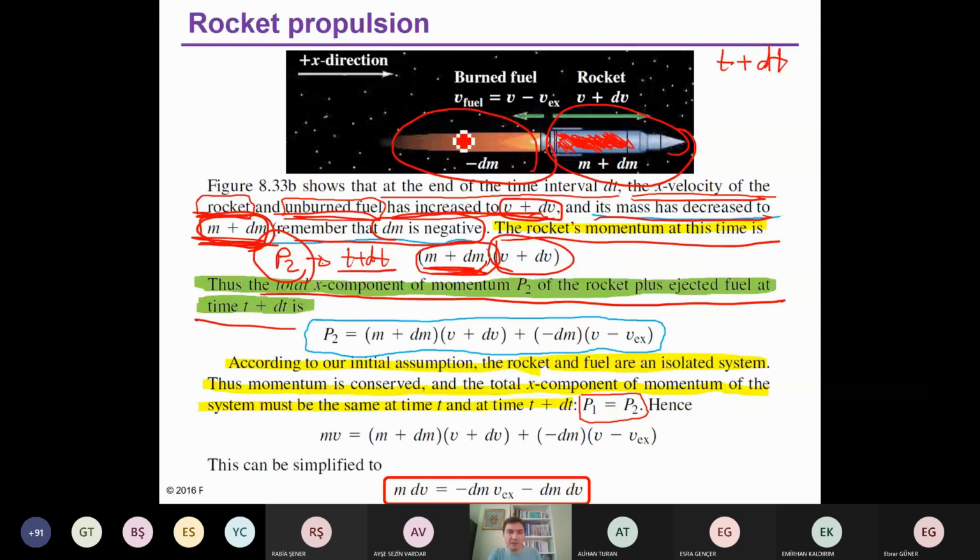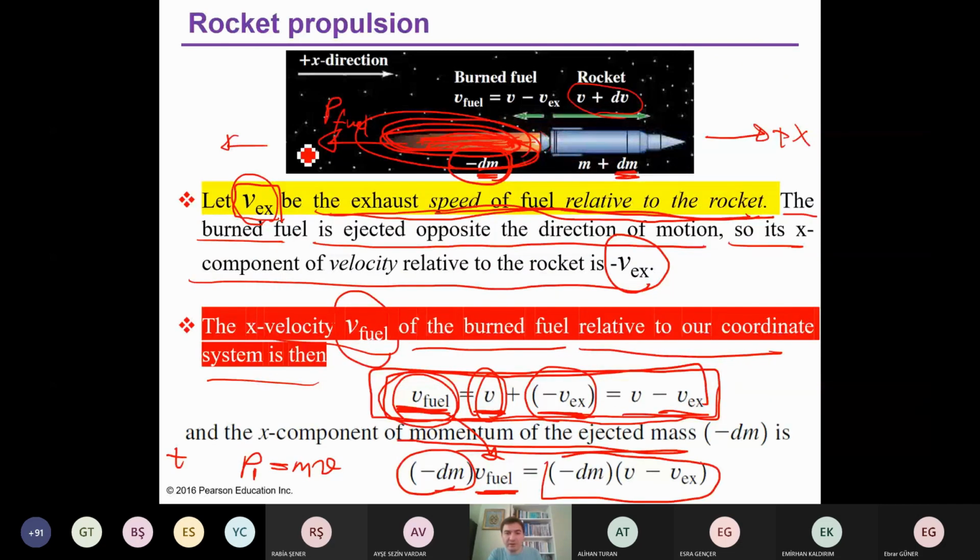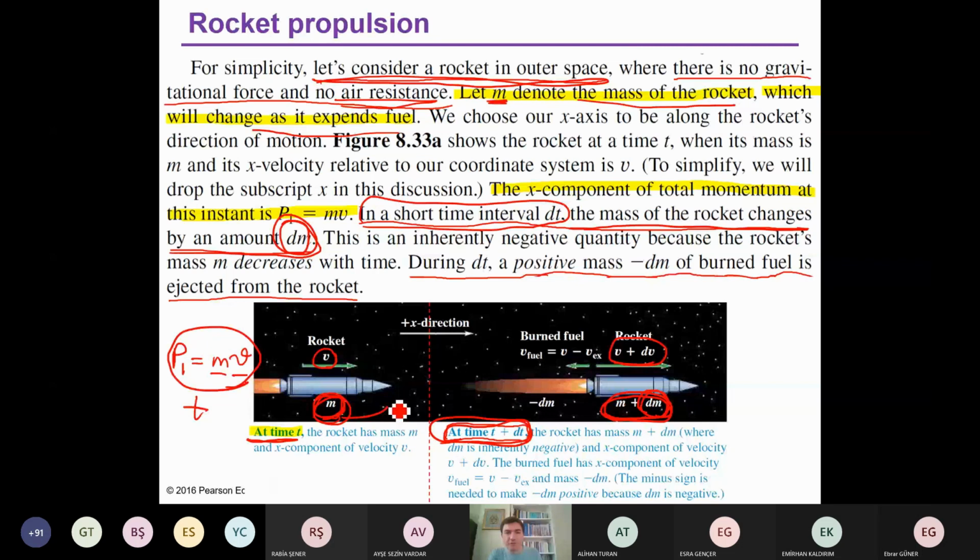Remember that before this time, the fuel and rocket are together, and the total momentum of the system is given by this expression.